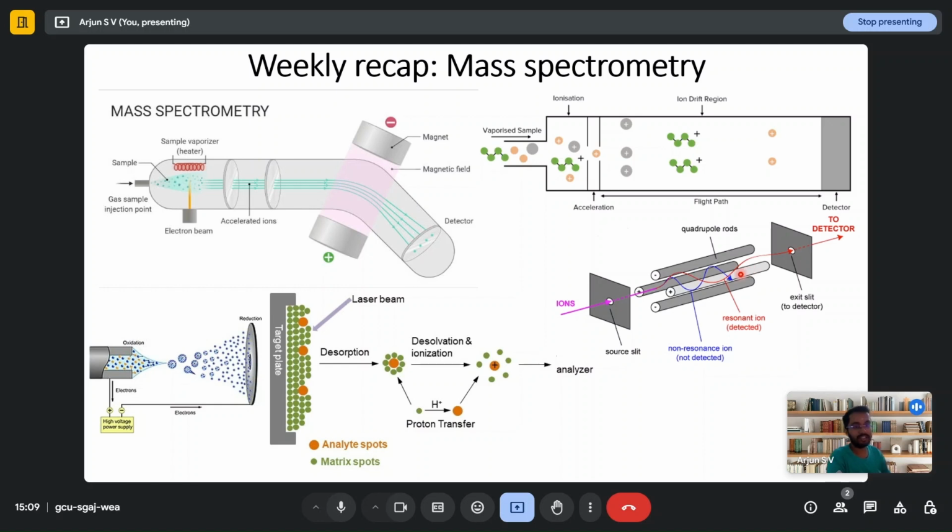And after this, the detector will count the ions and it will give you an output based on the charge to mass ratio.